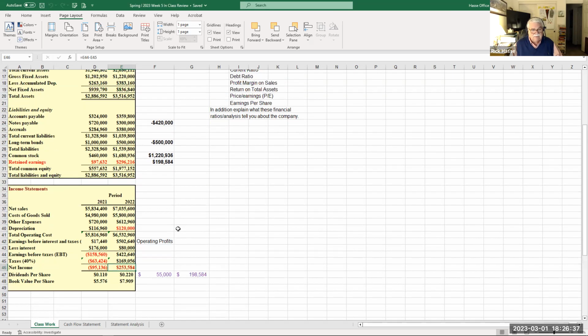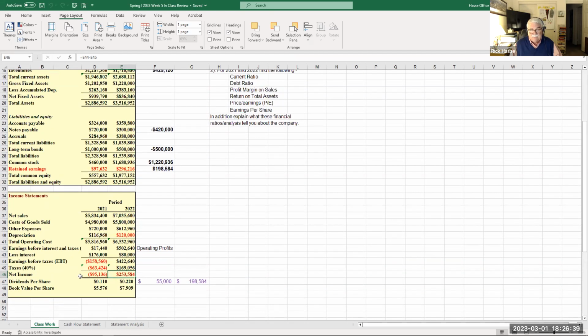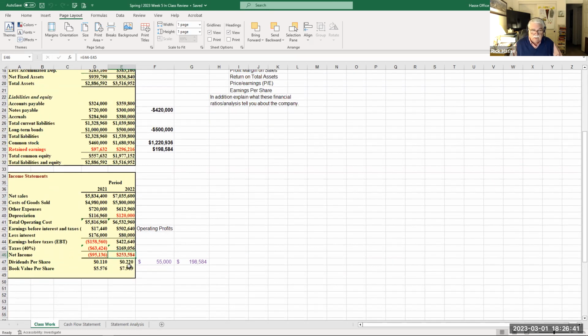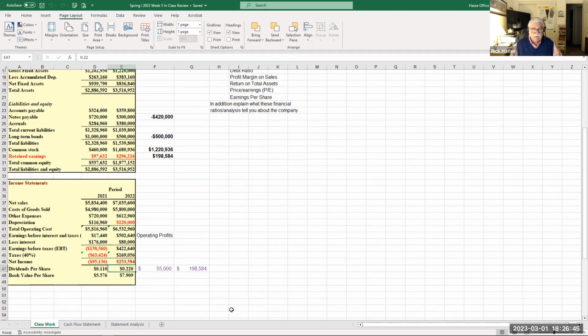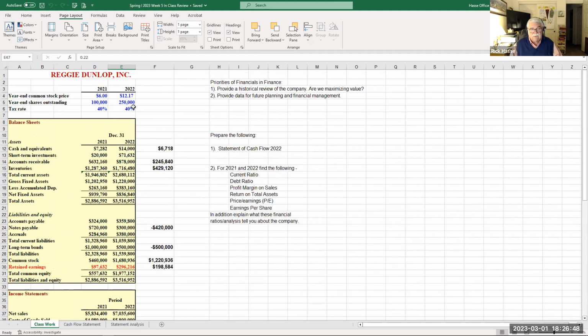At the same time, this income statement says that the company paid out in 2022 22 cents a share in dividends. Well, at the end of 2022, they had 250,000 shares of stock outstanding owned by the market.